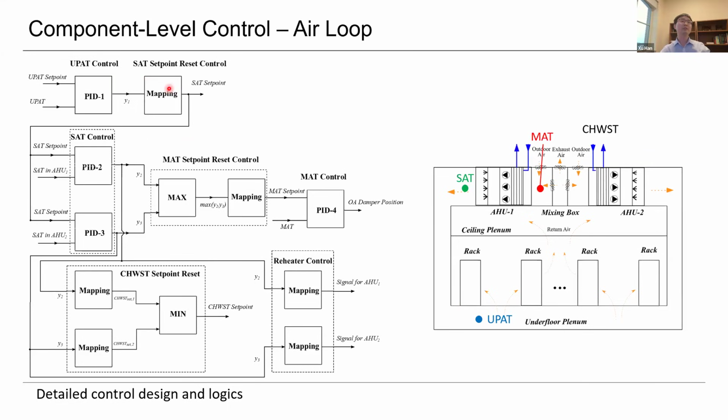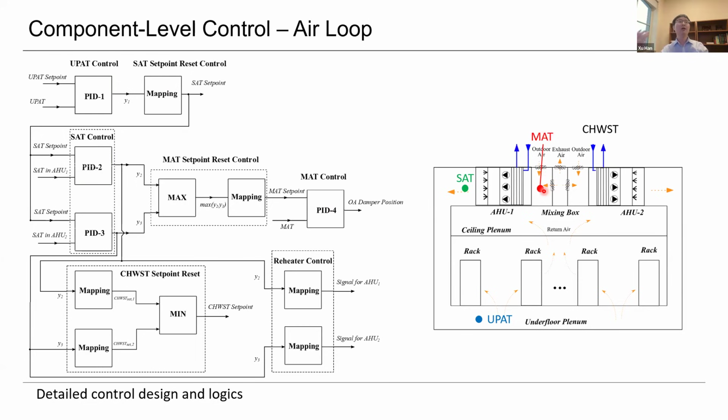And the supply temperature set point will also be fed into, of course, the PID controller for the supply temperature control, right? This set point will be fed in here. And the control signal will also be used to manipulate the mixed air temperature control.